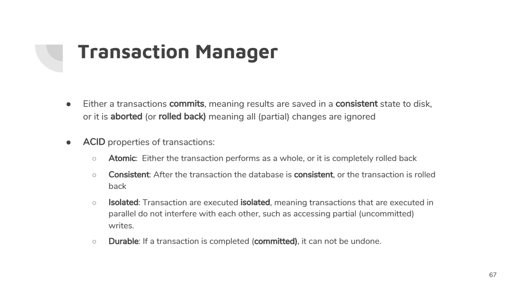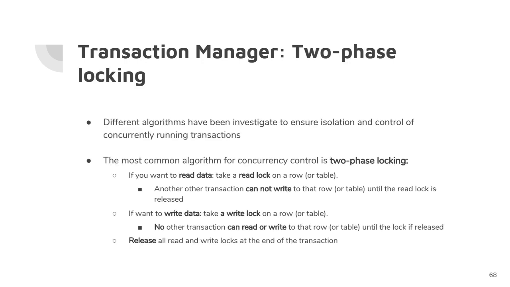And then the last one is isolated. That means that transactions seem to be executed in isolation. So if they are running in parallel, they do not interfere with each other. So that's a rule: you can only access the changes if they have been committed by another transaction. And we'll see an example of that in the next slides.